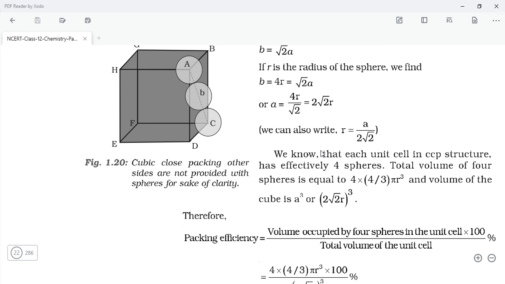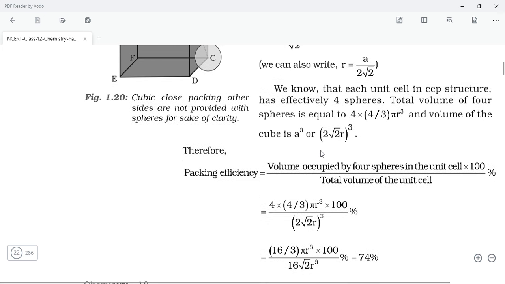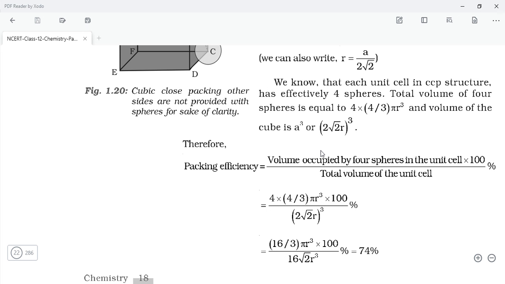So by doing that, you can simply say the volume occupied by four spheres. Where do these four spheres come from? There are four atoms inside this cubic unit cell. You need to find out the volume of four spheres and divide it by the total volume of the unit cell, and you will get the packing efficiency.